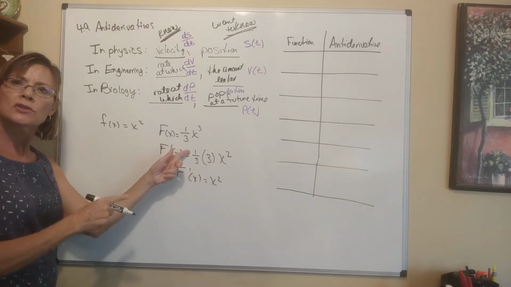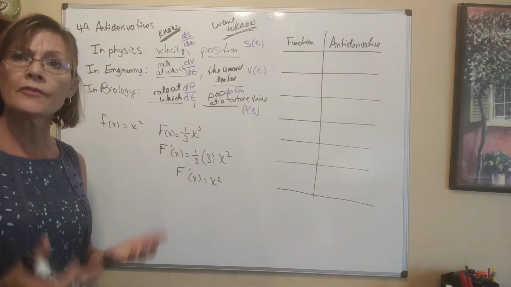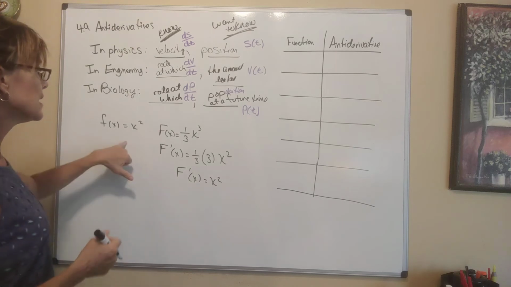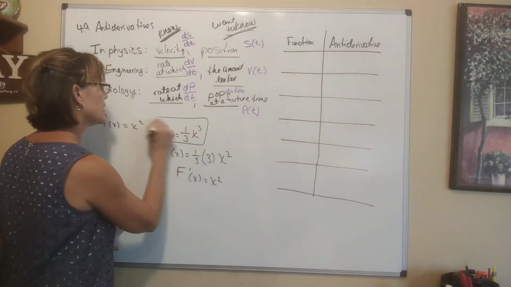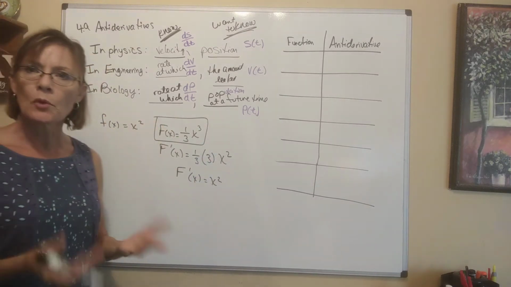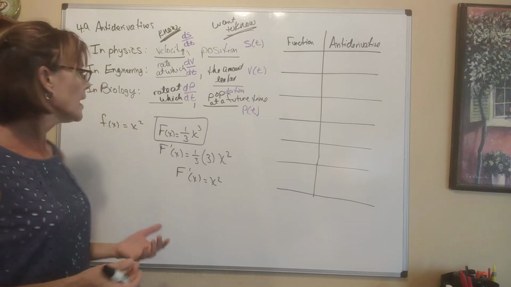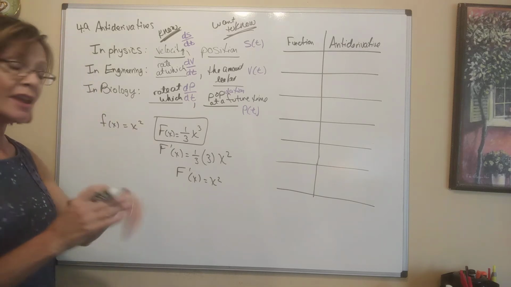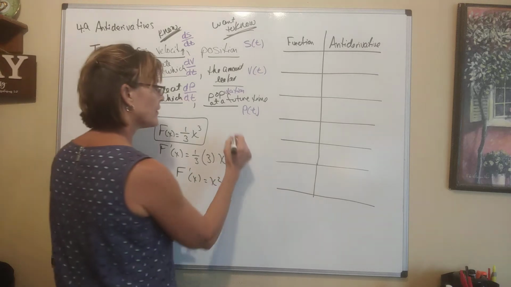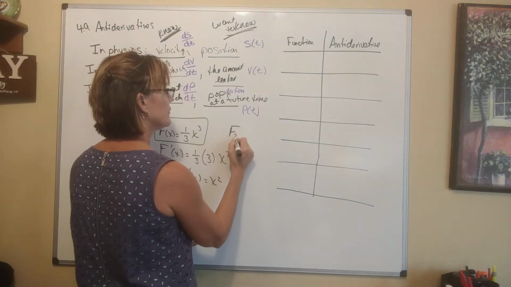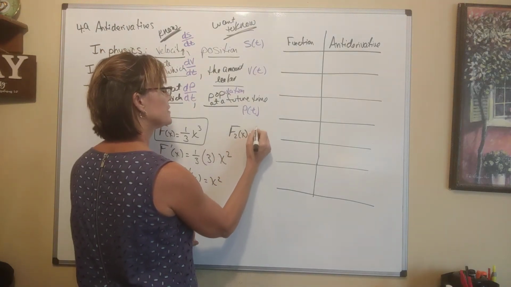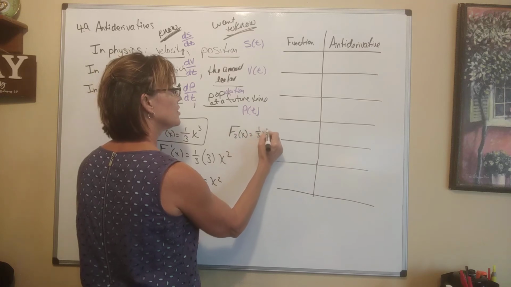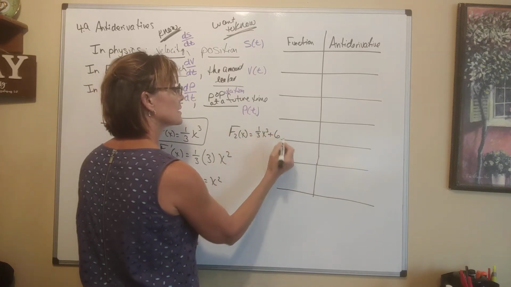This is one function whose derivative is this. This is an antiderivative of this. Are there more? Let's just see. What if I say f2 of x is 1/3 x cubed plus 6?